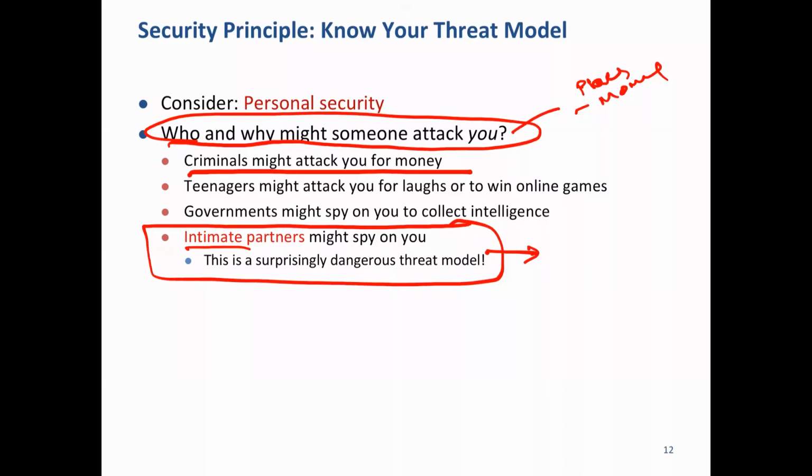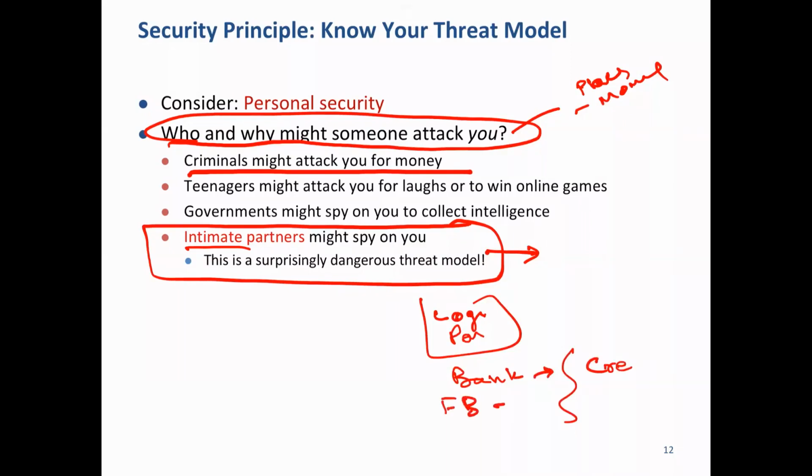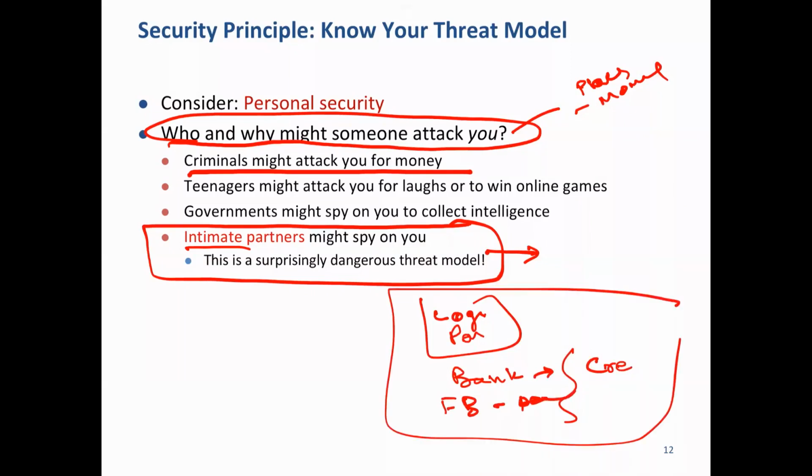It's very, very dangerous to reveal everything to your intimate partner. Now, this is very contrary, right? Because you may want to trust your intimate partner. You trust in general and you share, but studies say that it's very, very dangerous to pass on to your intimate partner something like your login ID, password, bank account number, bank details, credentials, your Facebook password, etc. All these are digital assets.